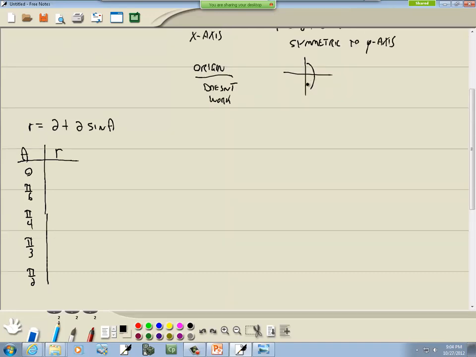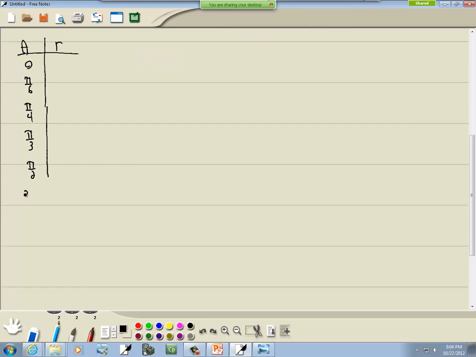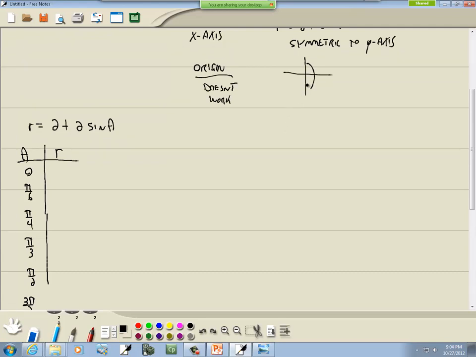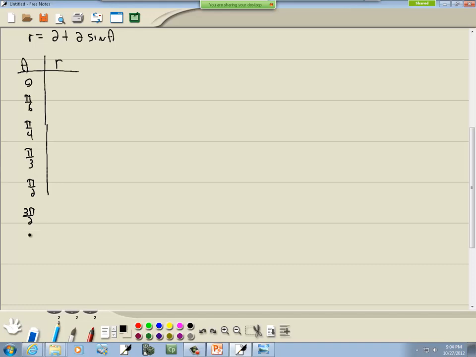Now I also probably want to get some items down here, starting at 3 pi over 2, and then 3 pi over 2 plus pi over 6, 10 pi over 6, 5 pi over 3, and 7 pi over 4, and 11 pi over 6. That's probably good enough.